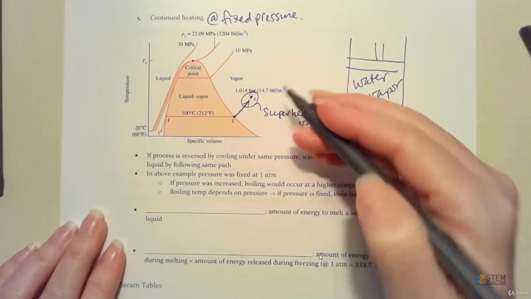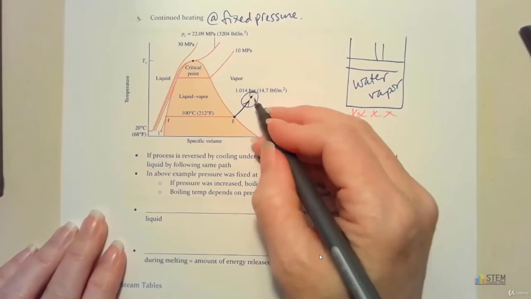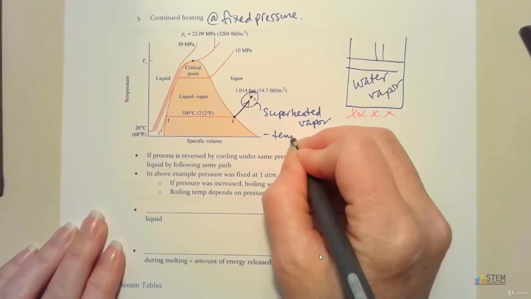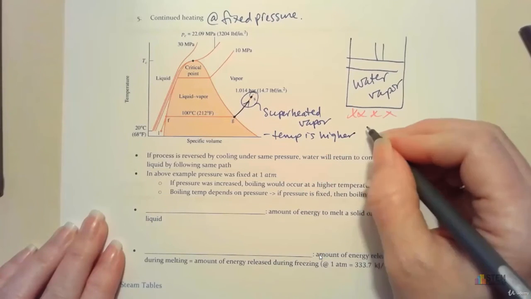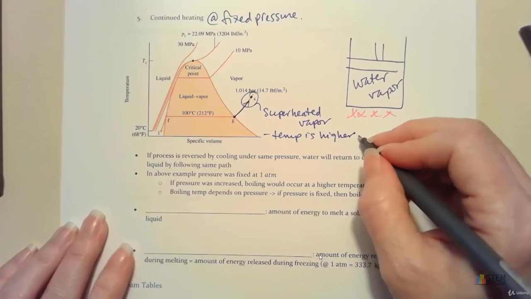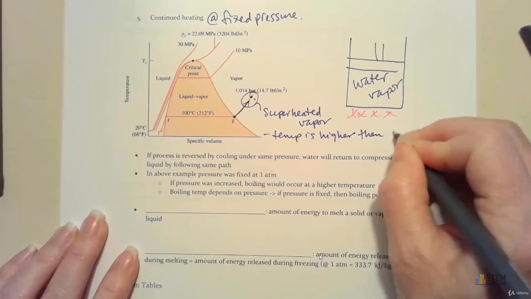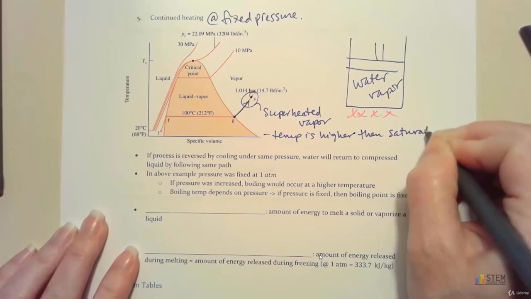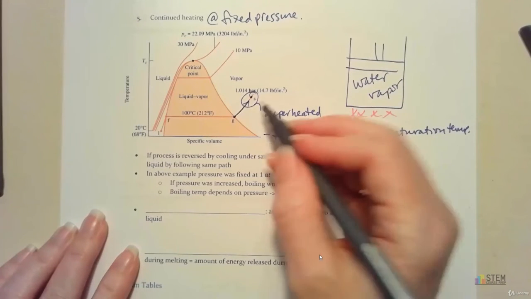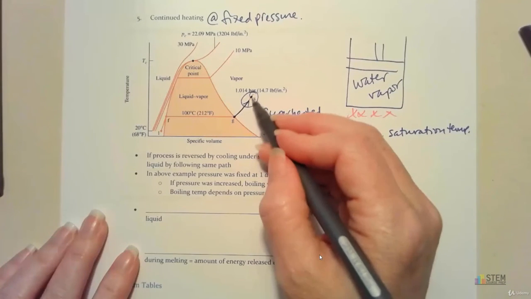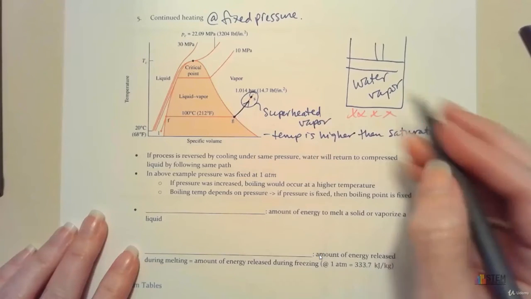So at this point our temp is higher than the saturation temperature. And at this point, if we lost some heat, that vapor would not be ready to condense.